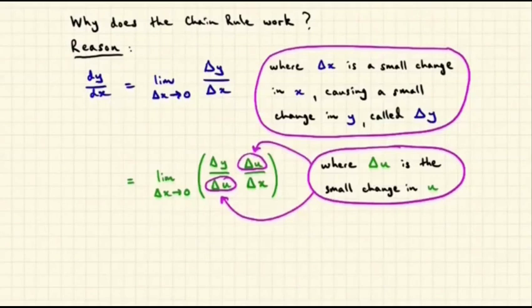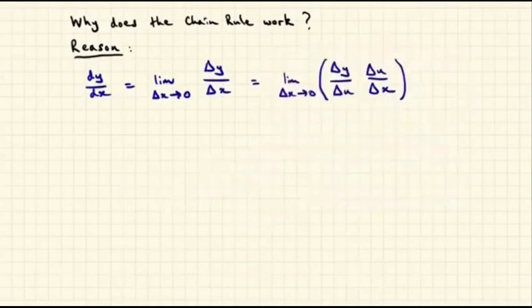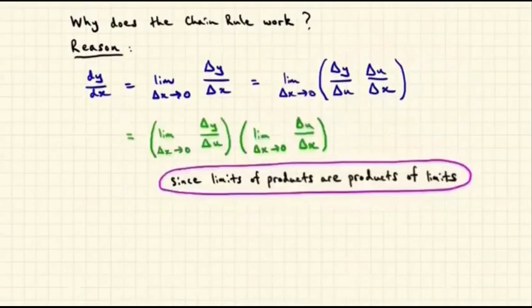But the limit of a product is the product of the limits. So we can rewrite this as the limit as delta x approaches 0 of delta y over delta u multiplied by the limit of delta u over delta x.